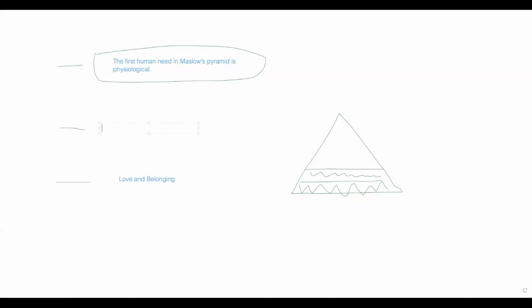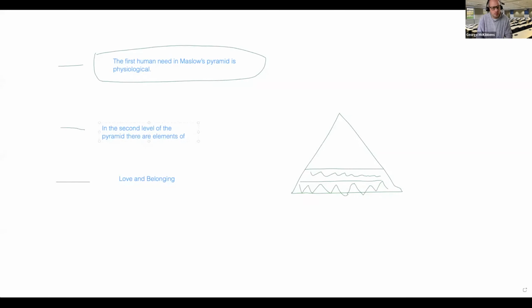It should be in the second level of the hierarchy. There are all elements about safe. Okay. Tell me if this is what you're saying. In the second level of Maslow's pyramid, or the pyramid is fine, there are all elements... Keep going.